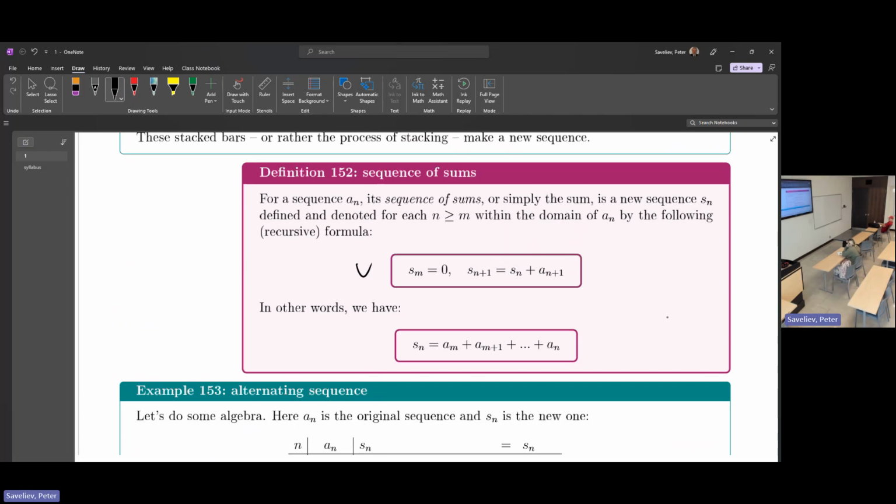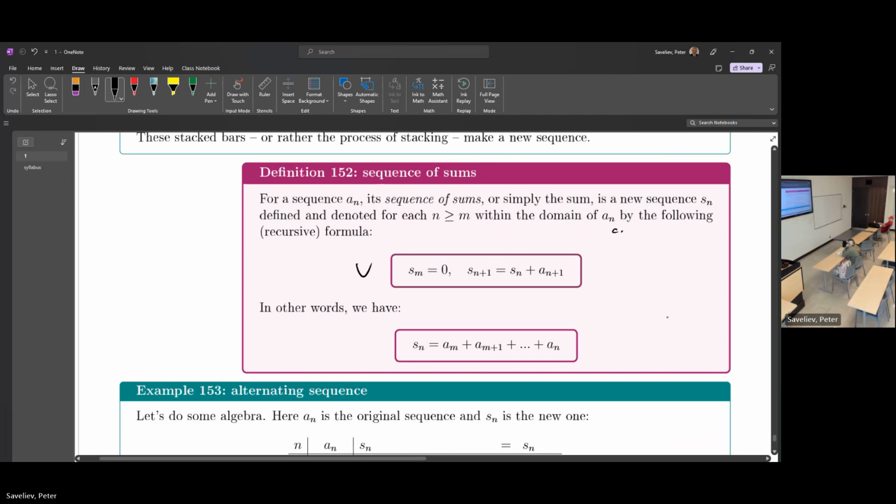A piece of pseudocode, anyone into computing? A for loop, okay. For, say, i from 1 to, let's say, n, uppercase N. So that's the for loop.